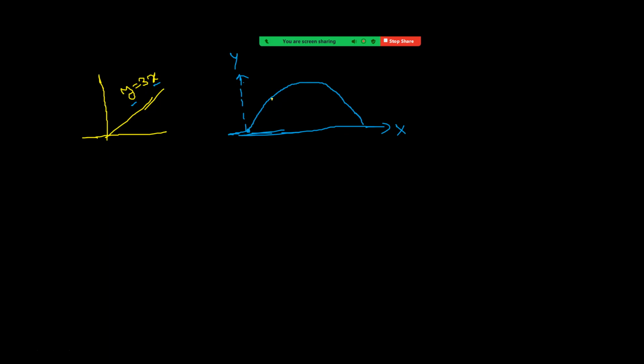For example, for the same height we have two x coordinates, say x1 and x2. The ball can be either at this location or at this location. Just by knowing the y coordinate, the height, we cannot get the location of the ball.